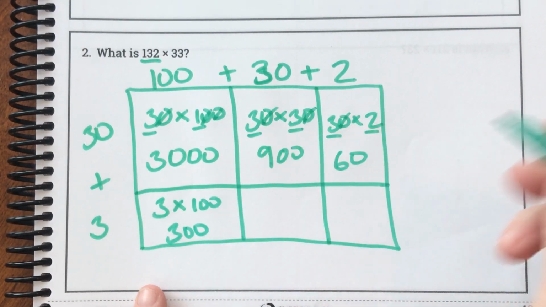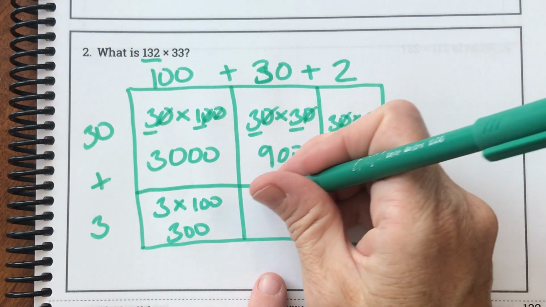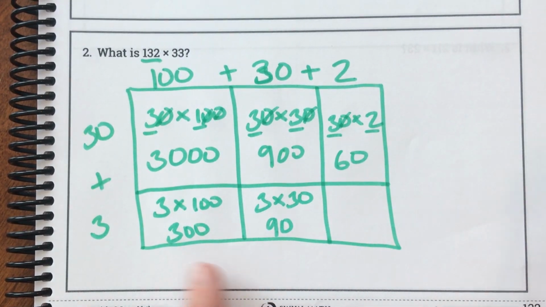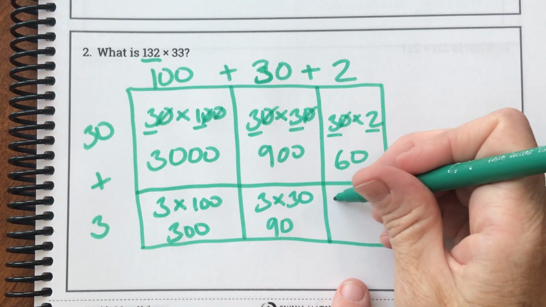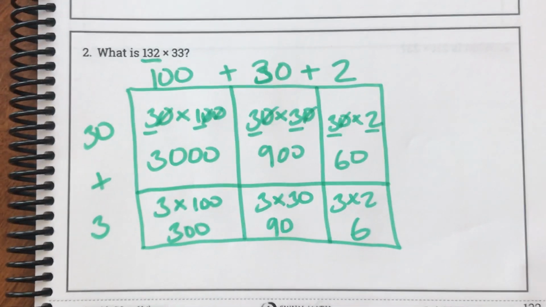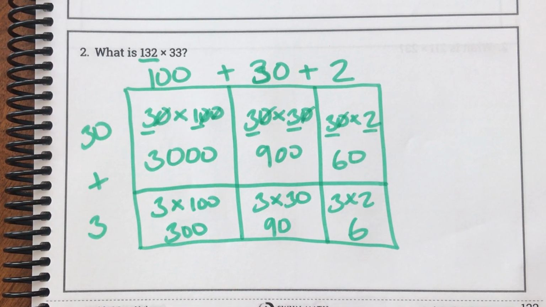That one's 300. 3 times 30, I know that one is 90. And 3 times 2 is 6. So sometimes I didn't use the zero trick because I already knew those equations.